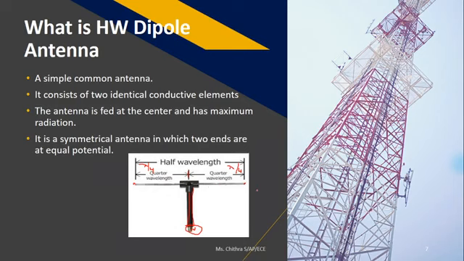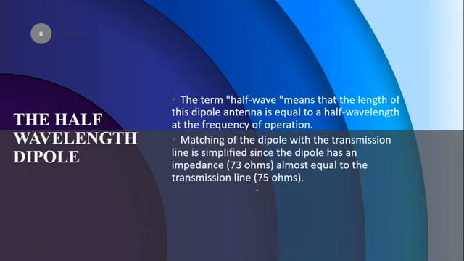Now let us see how the current will flow through the half wave dipole. Before moving on to that, we know that the term half wave means the length of the antenna is going to be half a wavelength at the frequency of operation. The half wave dipole antenna is a highly directional antenna, which means I will design the antenna for one particular frequency, and at that frequency the length of the antenna will be lambda by 2.